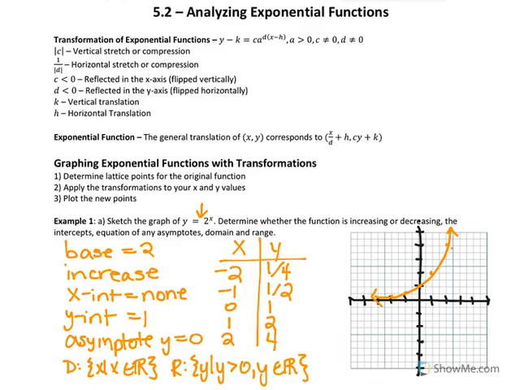Now, just like in our previous units, we can apply changes to it. So we have y minus k equals c times a to the power of d, x minus h. And it's exactly the same as Unit 3, transforming functions. We just have a couple different letters now, and it's just in different locations.